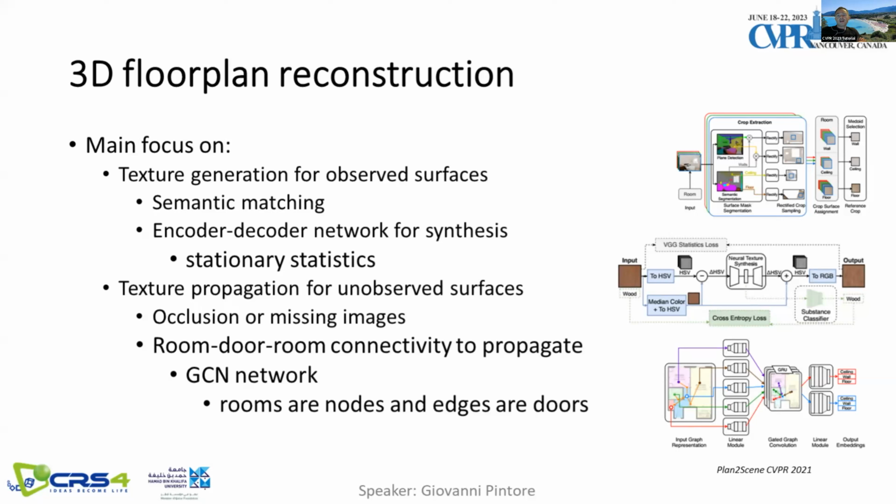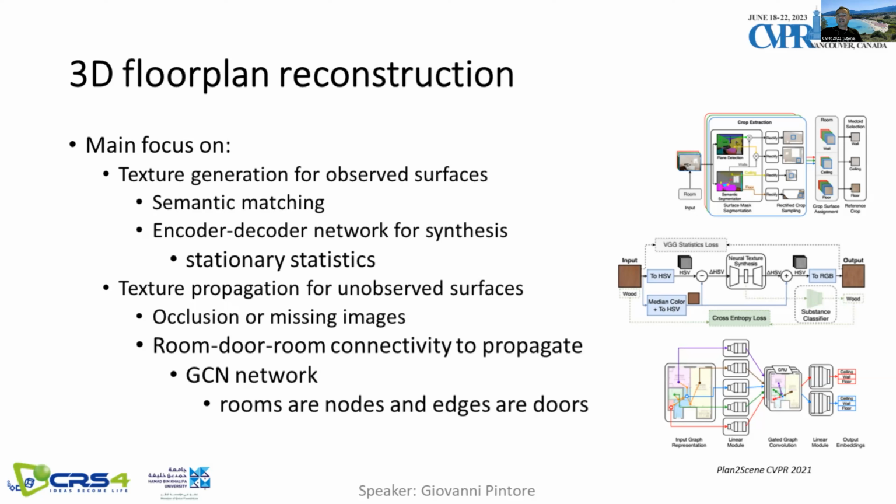To crop the texture samples, in this approach they use semantic matching, and they try to match structured parts in the 3D model to the image segmentation. So they have image segmentation and 3D segmentation, which is easy because they have just four labels: walls, floor, ceilings, objects.